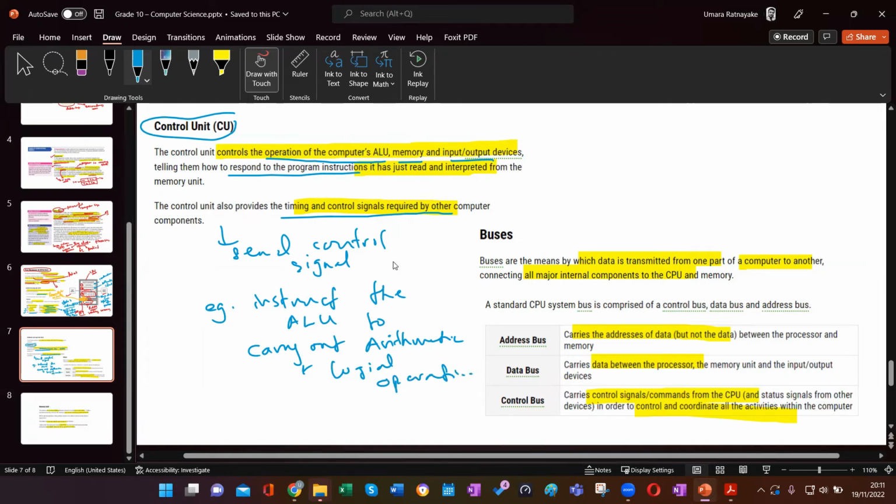Okay, that's one example of control signals that this will send.